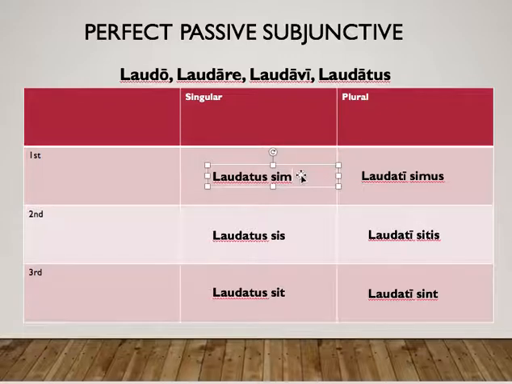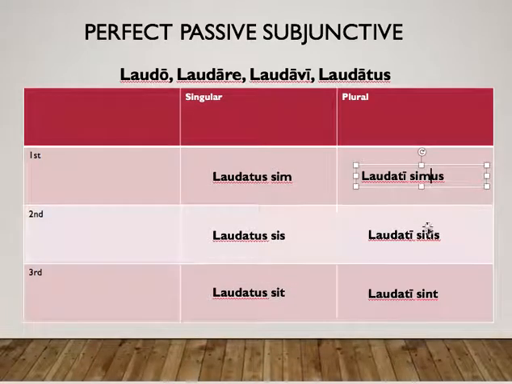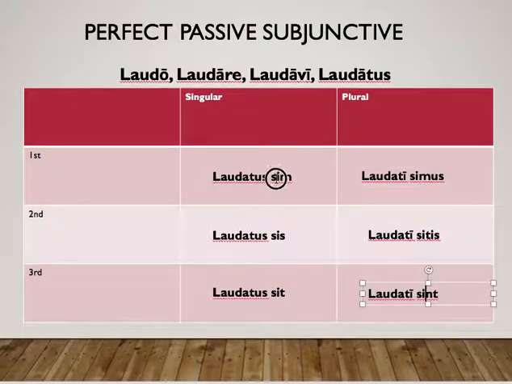So a sim is what I might be, what I could be, that potentiality, and that's what simulation comes from. It's the subjunctive of the verb sum, to be, in Latin. So we've just put those endings on, so we know we're in the subjunctive. We know we're in the perfect subjunctive. We just change it from sum, which would be in the perfect passive indicative, to sim to make it perfect passive subjunctive.